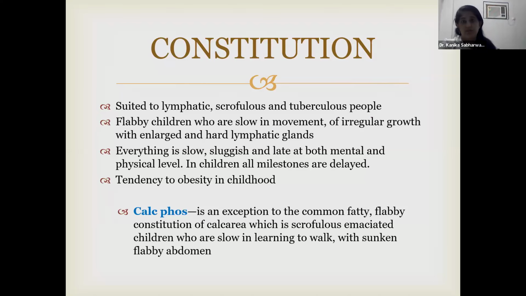So much so that since I'm a teacher of gynac, I'll give the example of gynac. Even if you see delayed puberty, you will see Calcarea remedies. So slowness. Tendency to obesity, and Calcarea phos, as I've already explained, is the exception where the Calcarea phos patient is more emaciated but still with a scrofulous diathesis prone to glands.